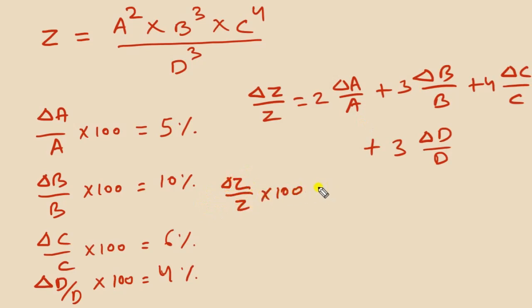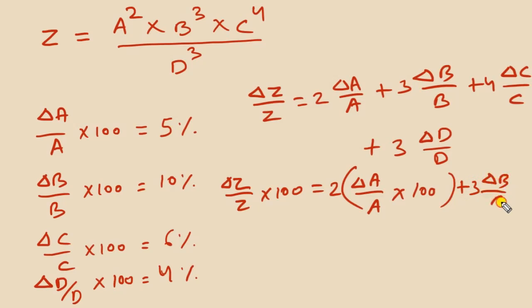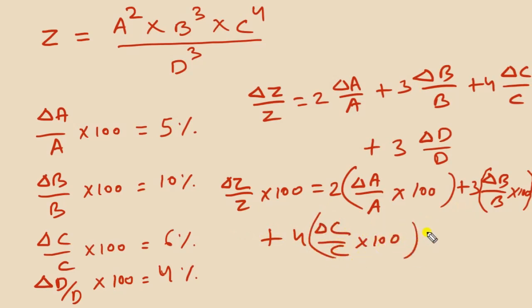The percentage error in Z is equals to 2 times delta A upon A into 100, that is nothing but the percentage error in A, plus 3 times delta B upon B into 100, that is nothing but the percentage error in B, plus 4 times the percentage error in C, plus 3 times the percentage error in D.